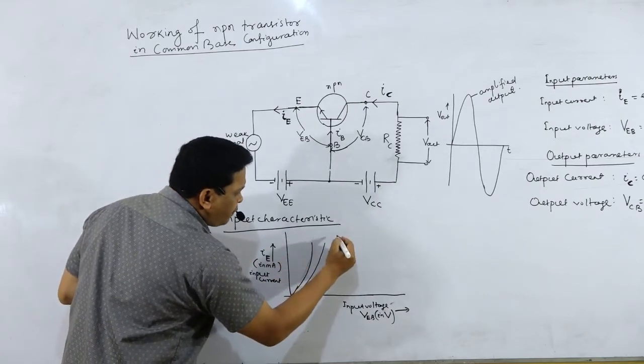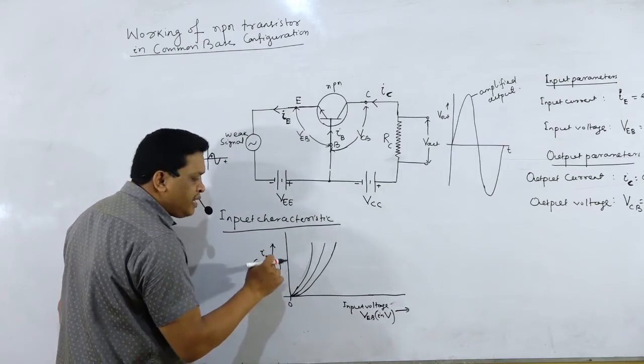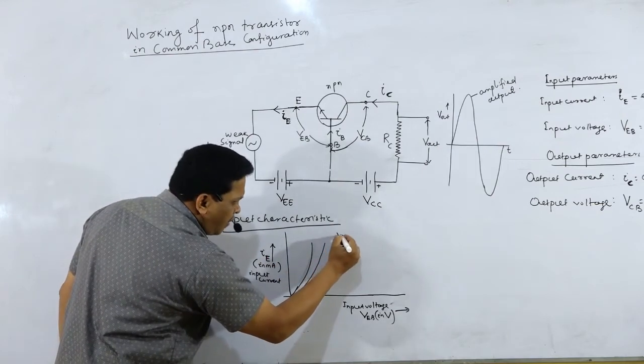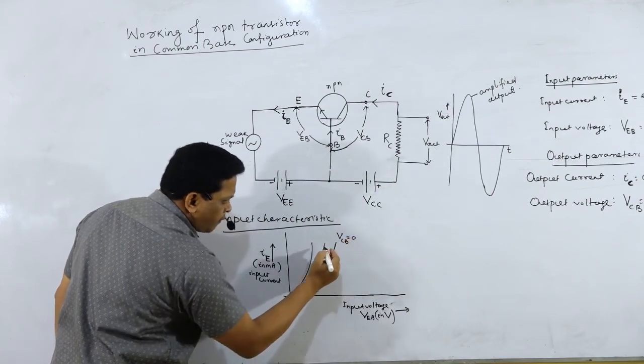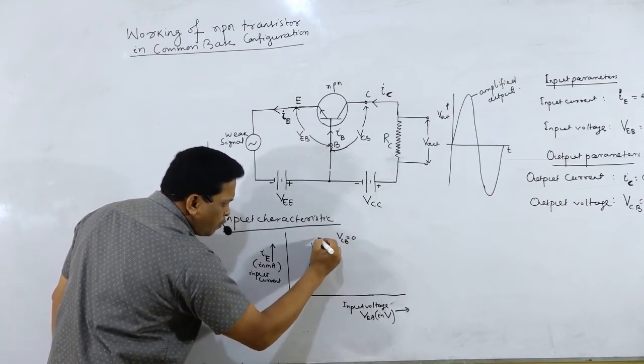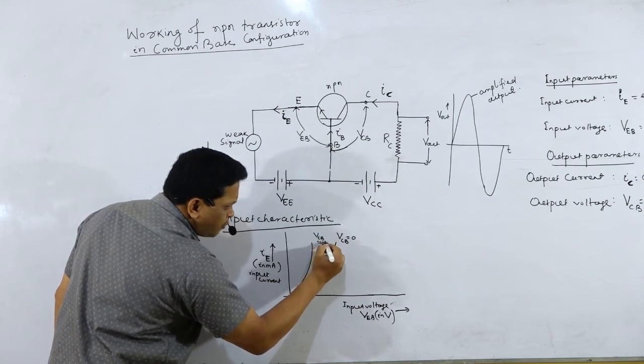So for three different output voltages, we have plotted three different graphs. This is the graph when VCB equal to 0. This is the graph when VCB equal to say 10 volt.